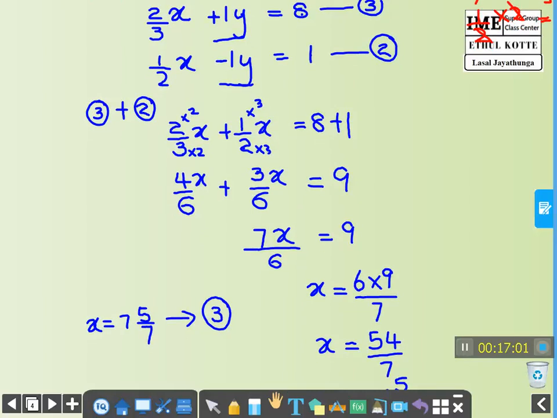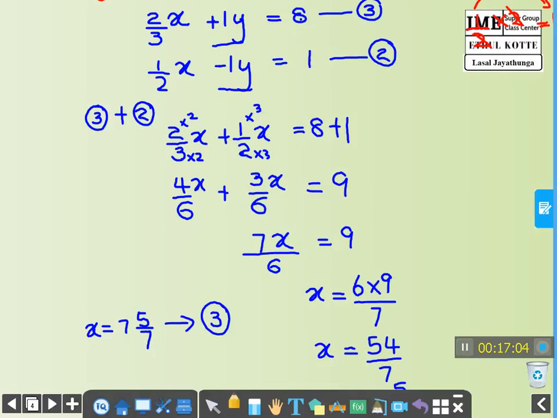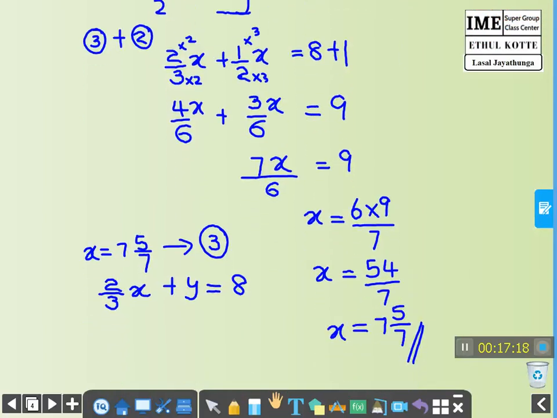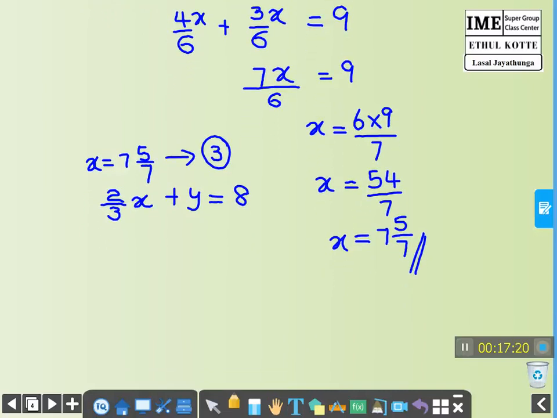2 upon 3x plus 1y, y equals 8. Right, now apply x as 7 5 over 7.